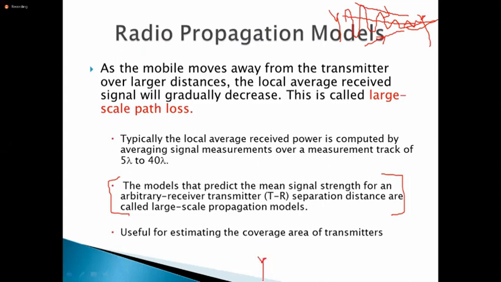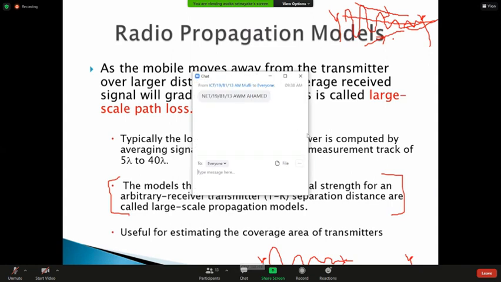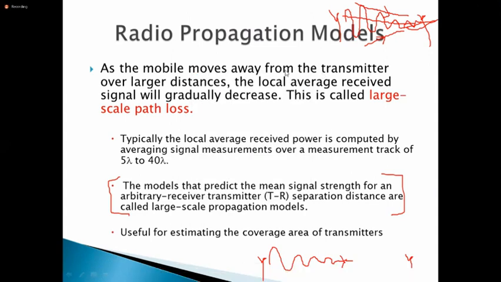Because if the receiver is located at this place and the signal fades away before reaching the receiver, then the transmitter transmits with some power, and these models are used to see how far the signal can go with that power. The large scale path loss model is used to find how far a signal transmitted from a transmitter with a certain power can travel.